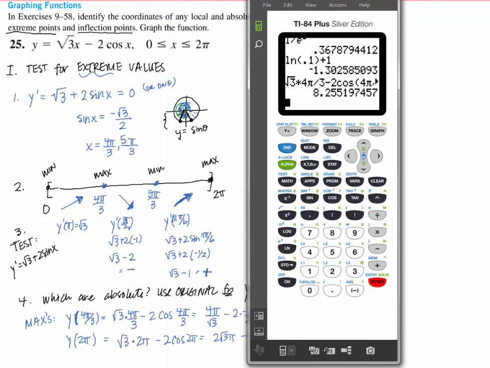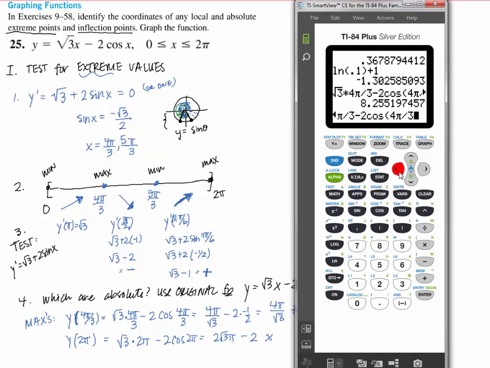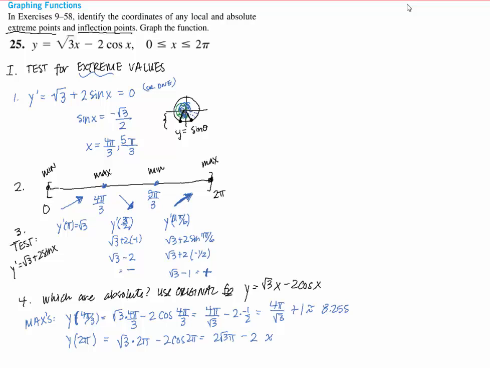And then I need to evaluate the same function, but now at 2 pi. So you could go back up and grab it if your calculator has that function. I'm going to replace the 4 with a 2 and delete the denominator. 8.88. That's a close call.